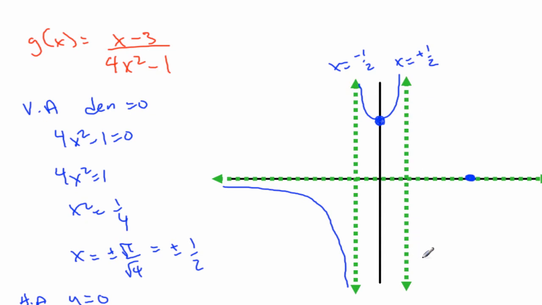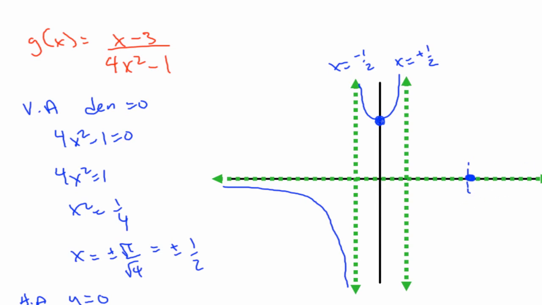Now I'm left with this part here. I don't know if the graph is doing this crazy thing or this crazy thing, or maybe it's going through the axis here. With that x-intercept at 3, I have to consider what's going on to the left of 3 and to the right of 3.